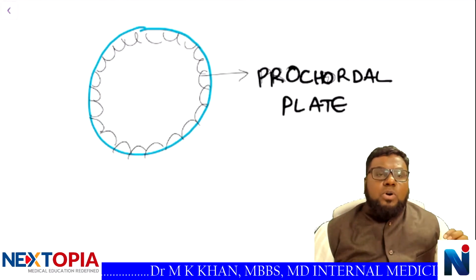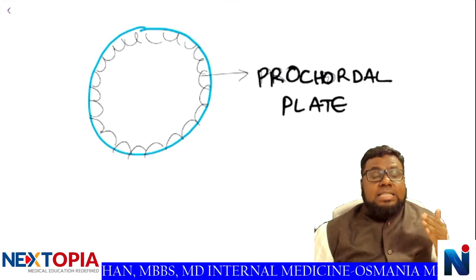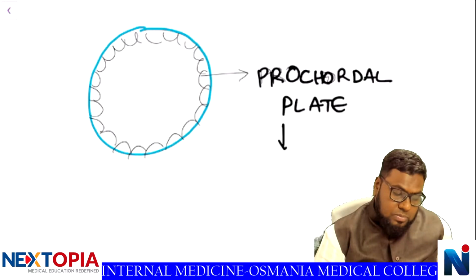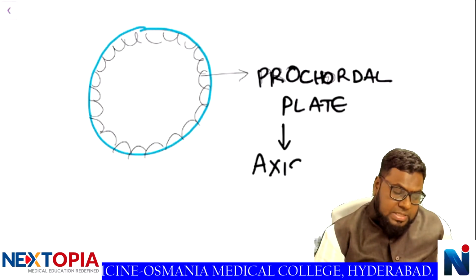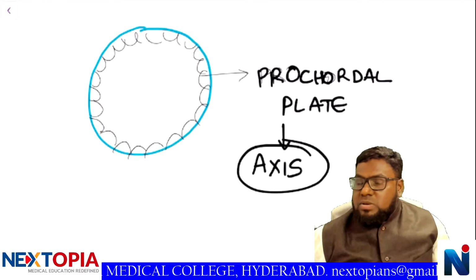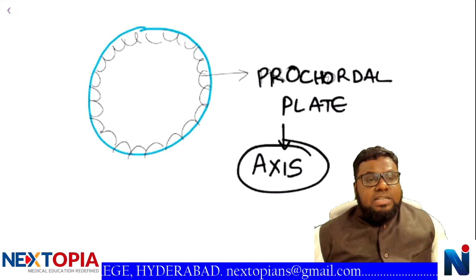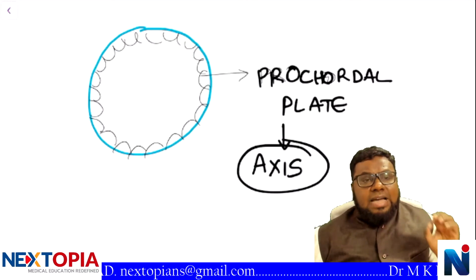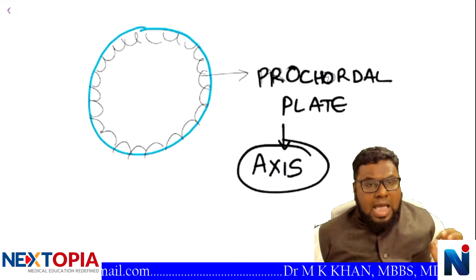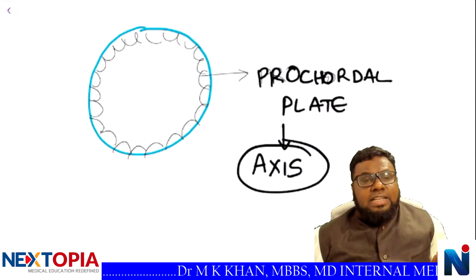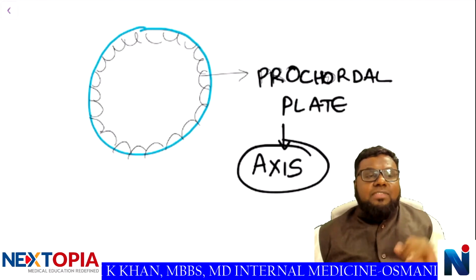The appearance of this procaudal plate determines the axis of the embryo. Please remember this determines the axis of the embryo, and thus it helps us to divide the embryo into two halves, right half and left half.